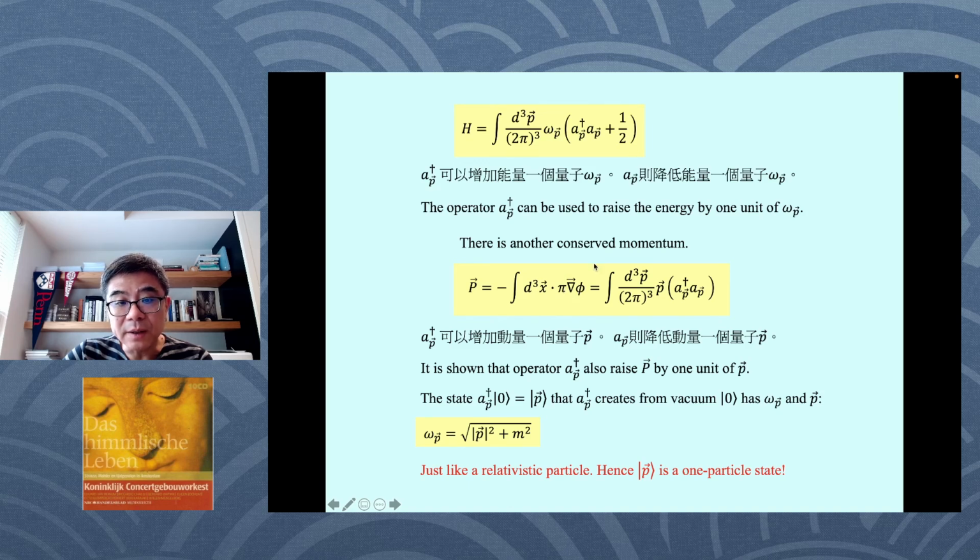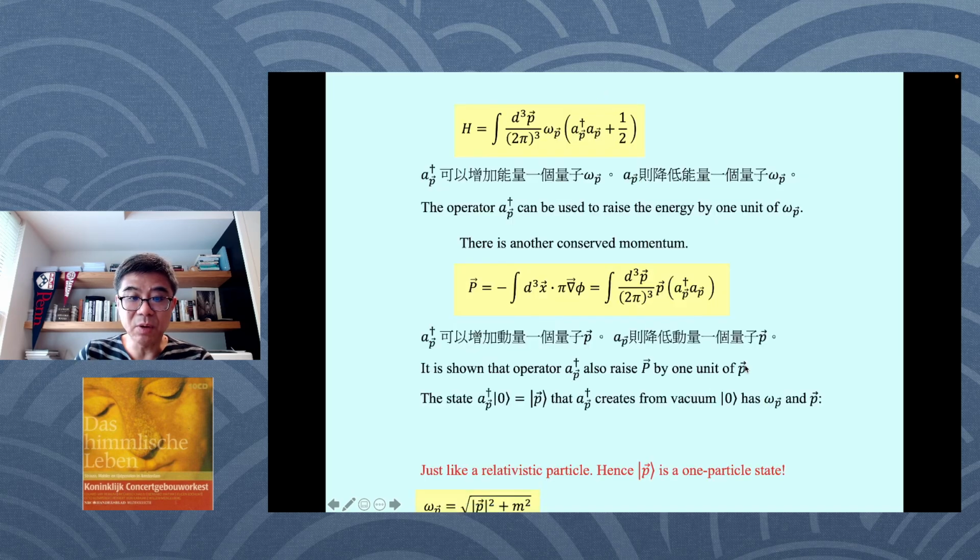If you plug in the expression for pi and phi, it can be easily simplified to p A dagger A. Therefore, this expression is very similar to the expression for H, except that omega p is replaced by the momentum vector. By analogy, you can easily be convinced that the operator A dagger not only raises the energy by 1 unit, it also raises the momentum by 1 unit of p vector.